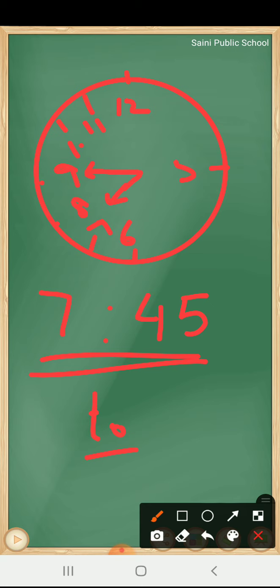So we will write quarter to 8, because 15 minutes are left to complete 8. When we write quarter to, we write the next number after this number. In this way we can write times like quarter to, quarter past, or half past.